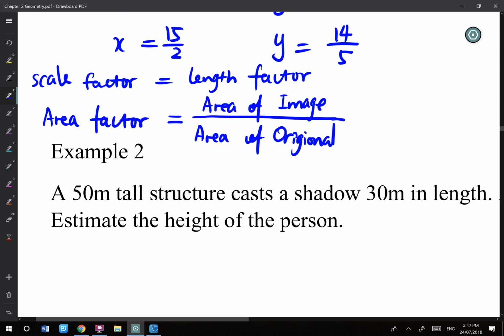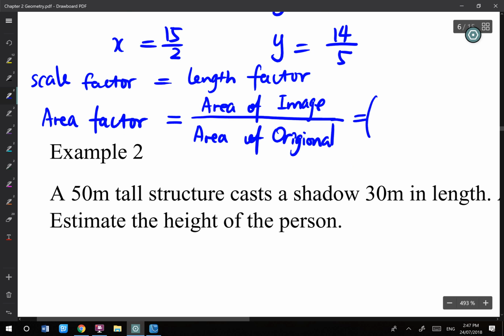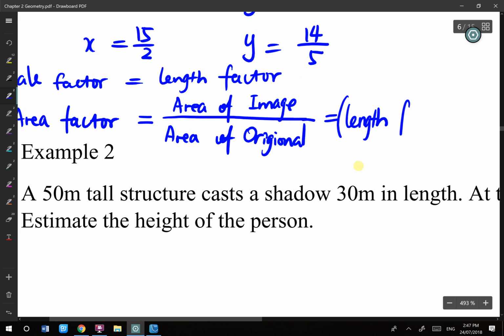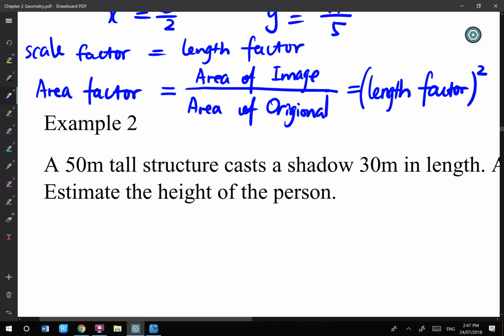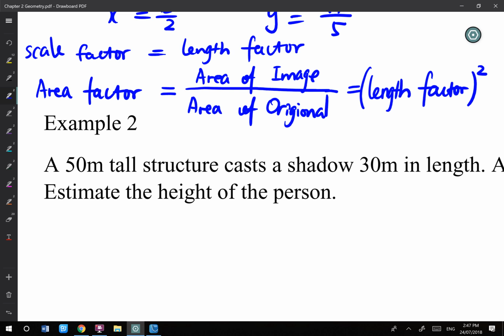What does that equal to? Length factor squared. So the area factor equals the area of image over the area of the original, and that equals your scale factor, or say length factor, squared.